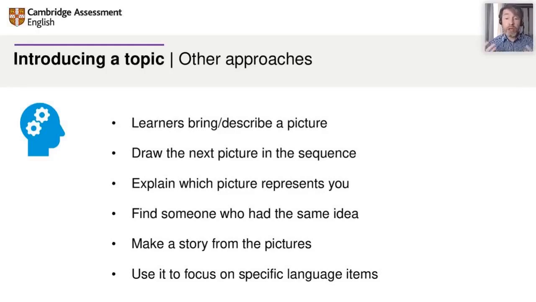Again, you could make it more communicative by asking learners, after they've decided which picture is the odd one out and why, to find someone else who had a similar idea and the same reason behind it. You could use it as a prompt later on for learners' own production or creative activities by getting them to develop a narrative, make their own story. Or you could use the pictures to focus on specific ideas or language items.